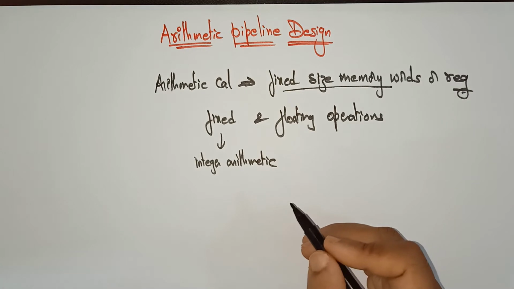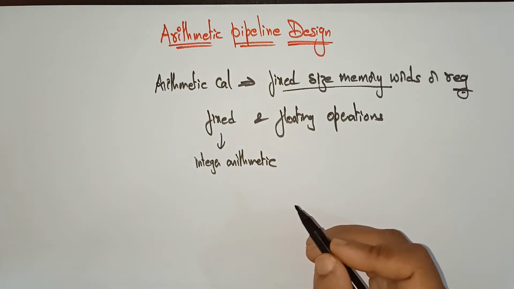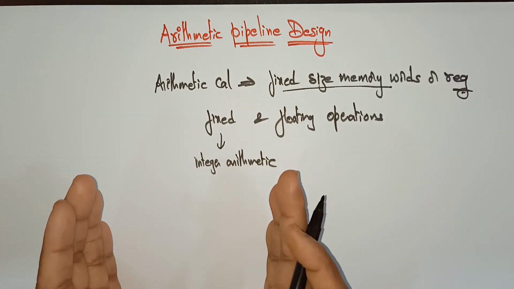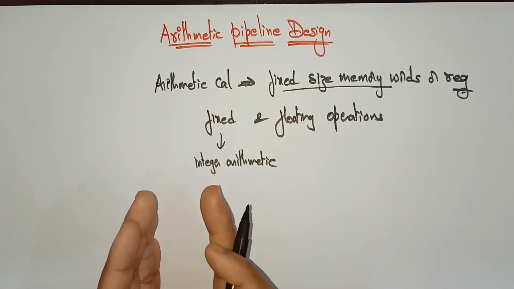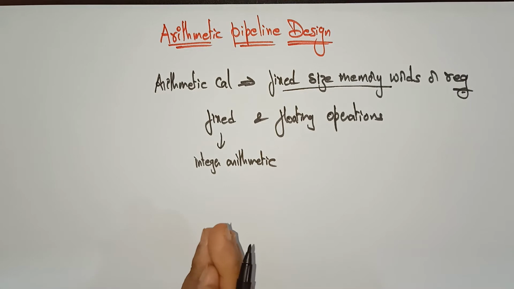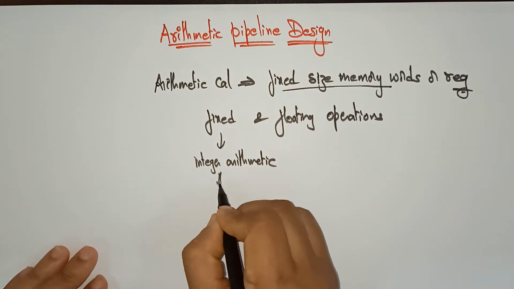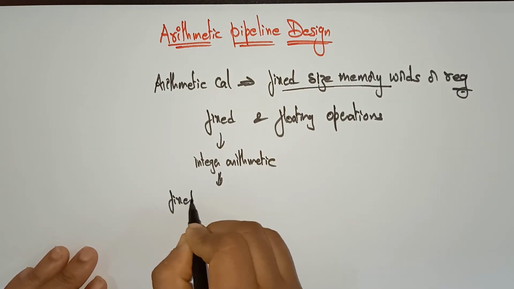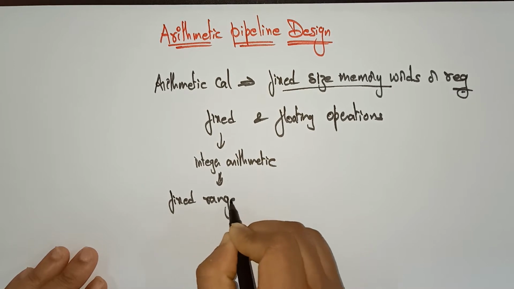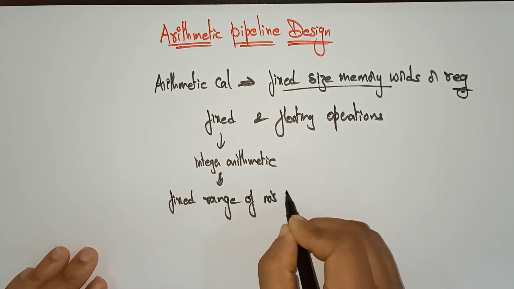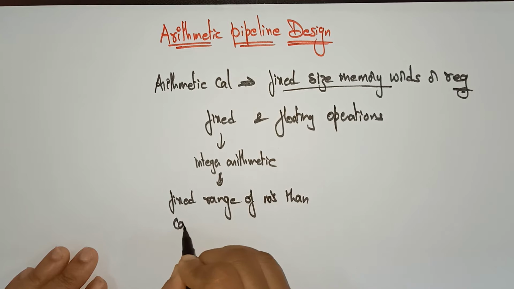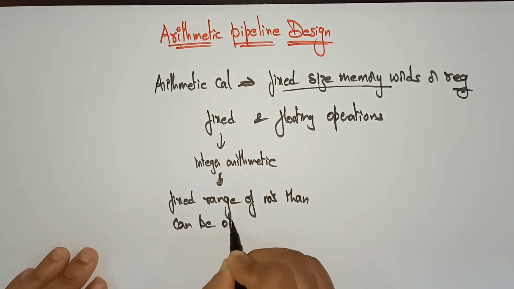And what about this floating point? This floating point arithmetic operates over an increased dynamic range of numbers. This fixed point or integer arithmetic offers a fixed range of numbers that can be operated upon.